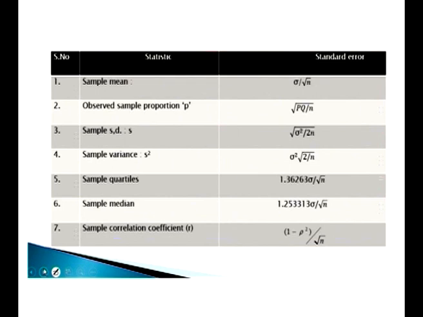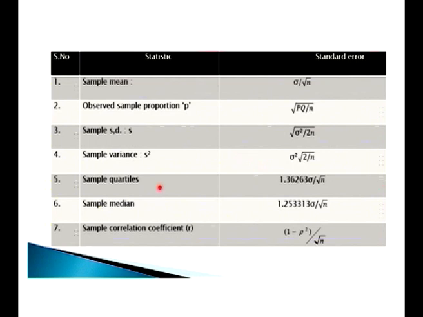Okay. The first one is the sample mean. If the statistic is the sample mean x bar, then the corresponding standard error is sigma by root n. All these statistics are used for testing, therefore the corresponding standard errors have to be studied.